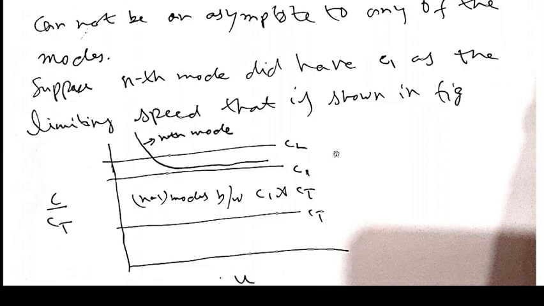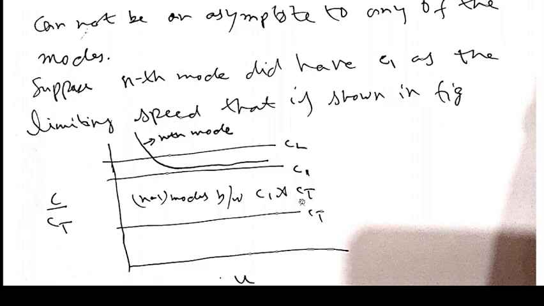I have said that modes will never intersect with each other. This is the property of the modes. So we have n-1 modes before this, and we have said that the nth mode is asymptotically approaching C dash. So there will be n-1 modes between C dash and CT.